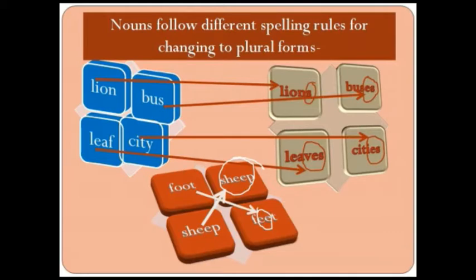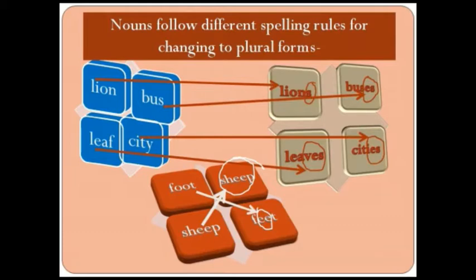And the word leaf has added ves instead of s, and that has been done after removing the letter f. The same seems to have happened to the word city. The y has been chopped off and ies has been added to change it to the plural form.